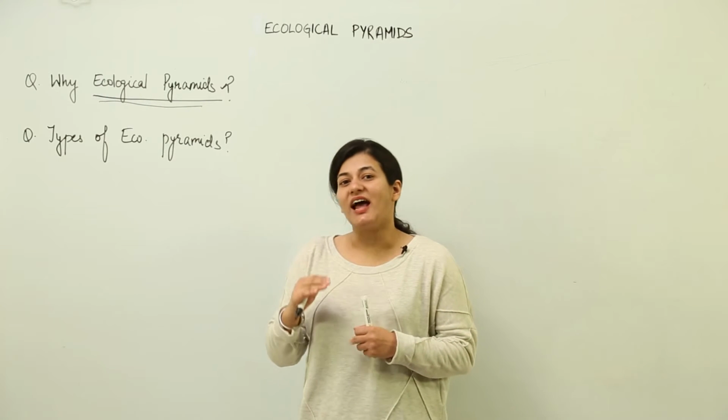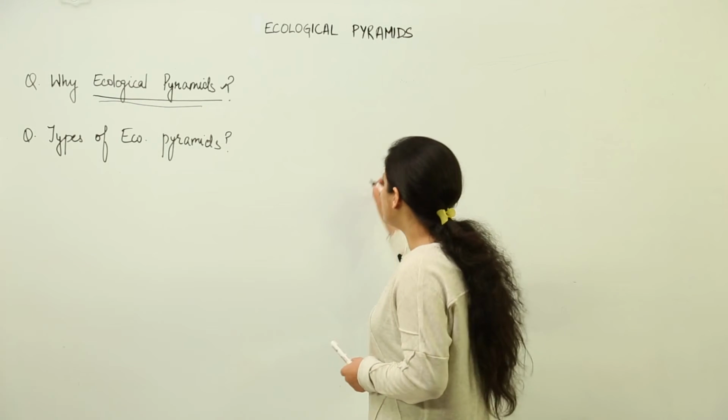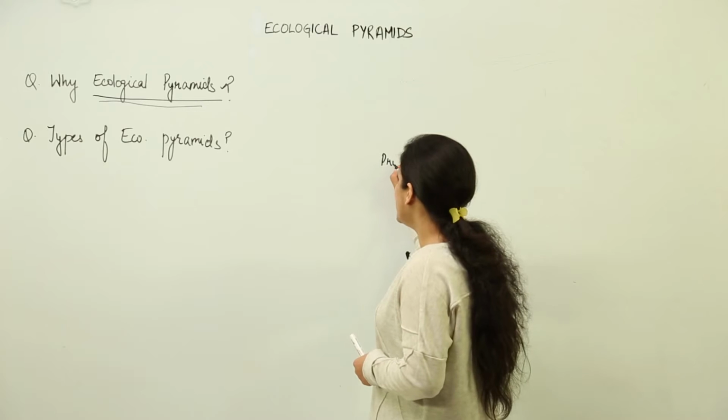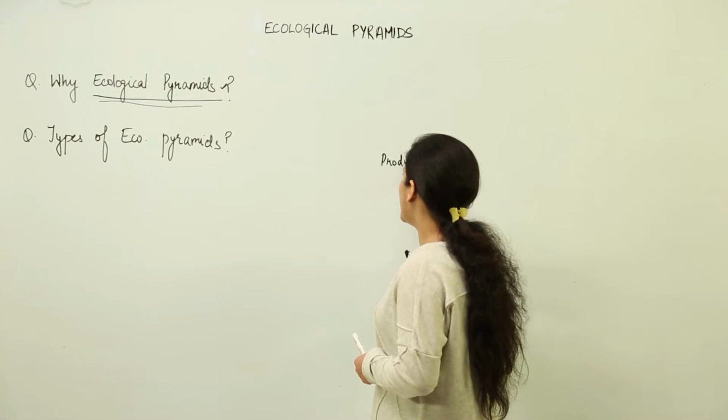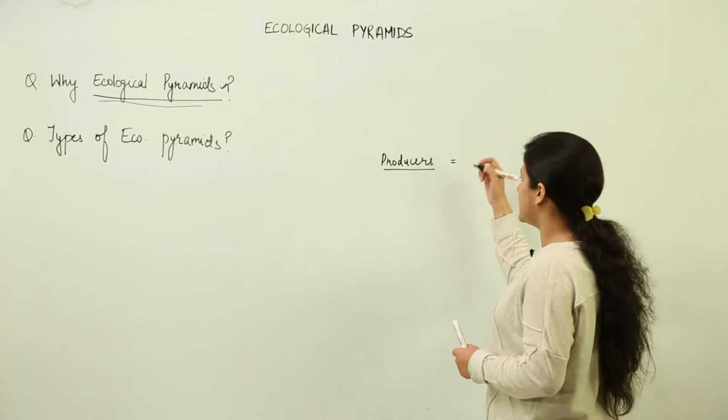That means the standing crop which is present at each trophic level. Supposedly I am talking about producers. In an ecosystem, producers occupy a trophic level, and there would be a standing crop. Again, I am taking numbers.